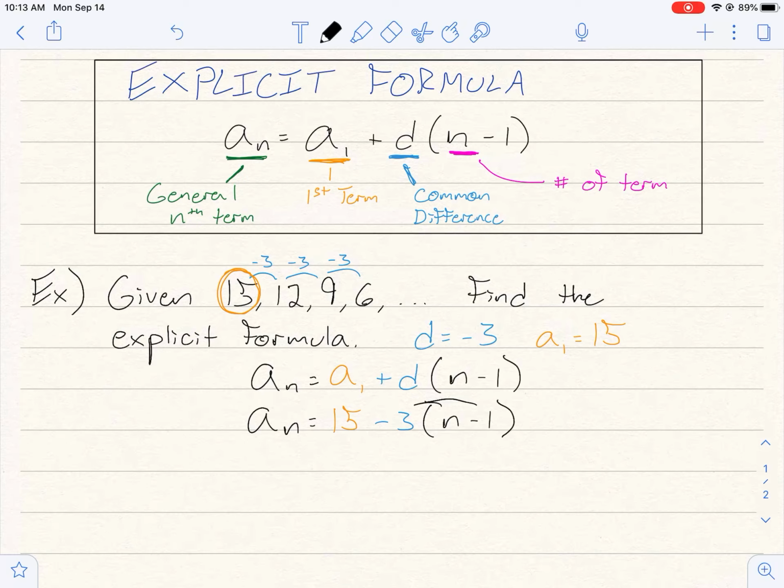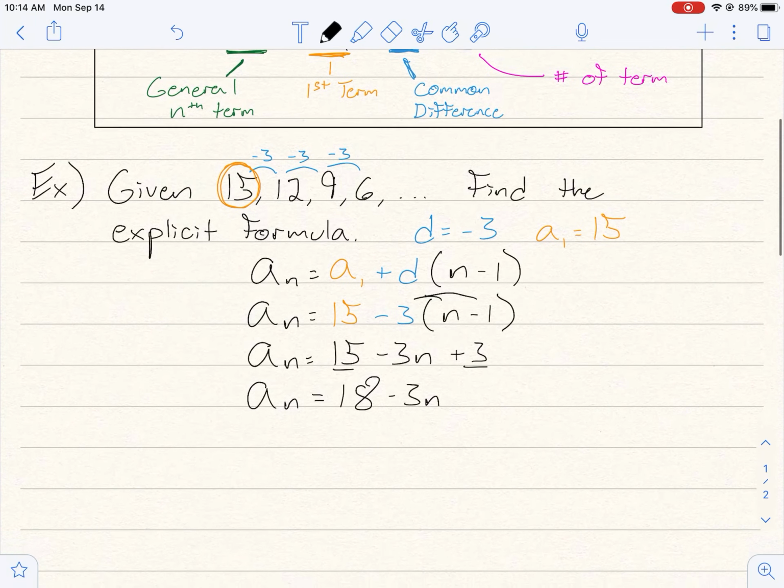You wouldn't do 15 minus 3. So a sub n is equal to 15 minus 3n plus 3. And then when you combine like terms, a sub n is equal to 18 minus 3n. So that is your explicit formula for this sequence.